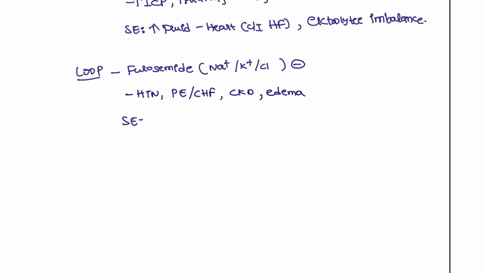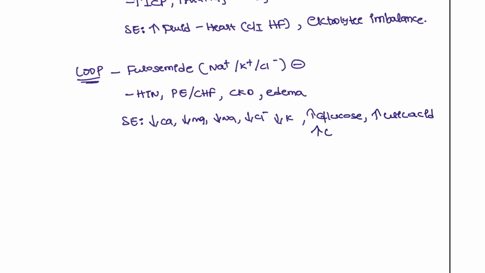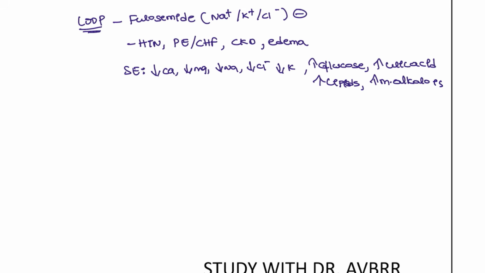What are the side effects? Side effects: loop loses everything. That means calcium, magnesium, sodium, potassium and chloride will all be decreased in this patient. Along with that, increased glucose, increased uric acid levels, and also increased lipids, and increased metabolic alkalosis will be seen with the loop diuretics.